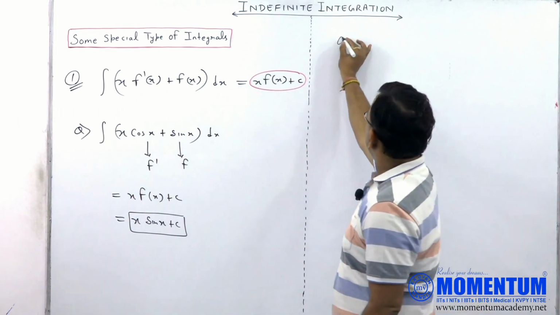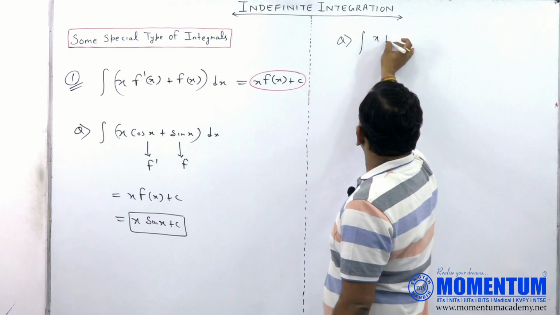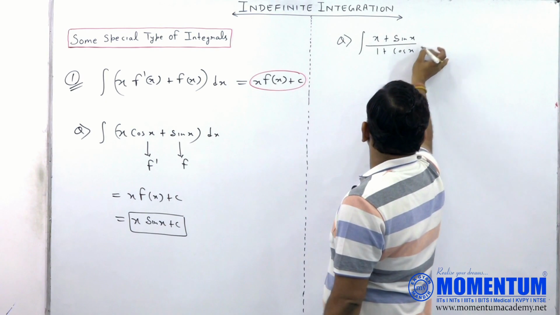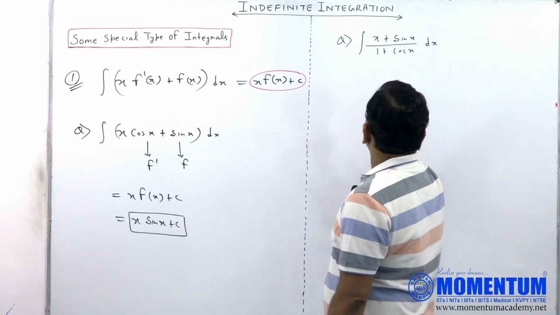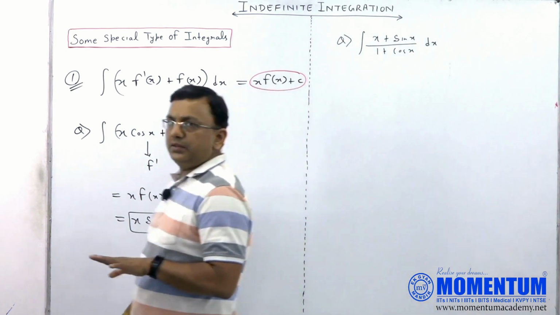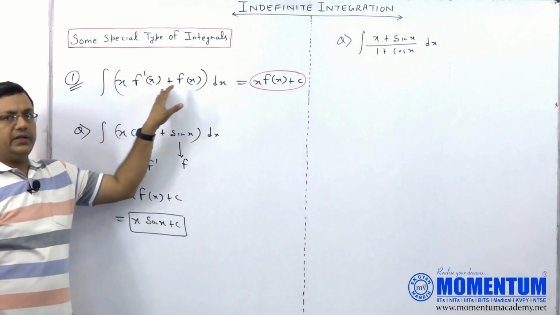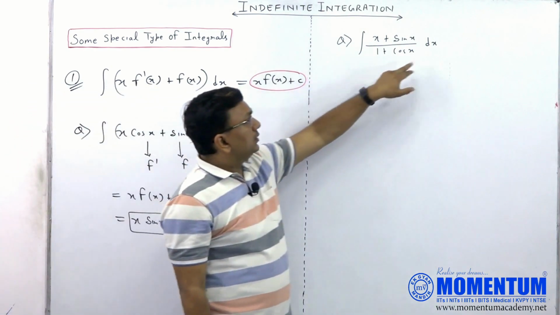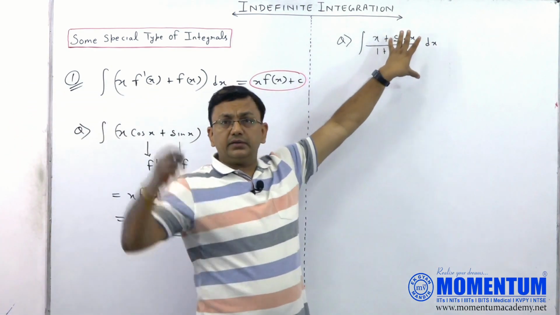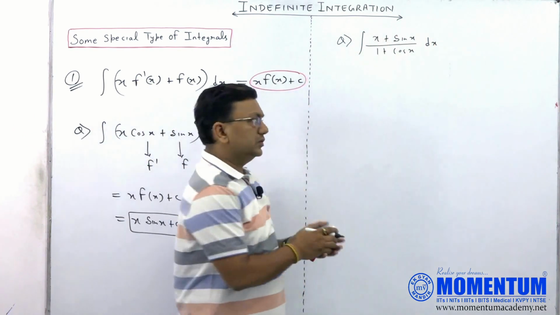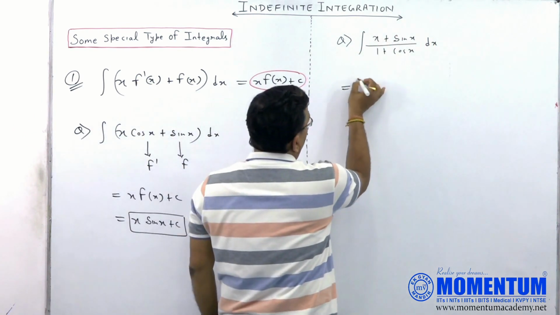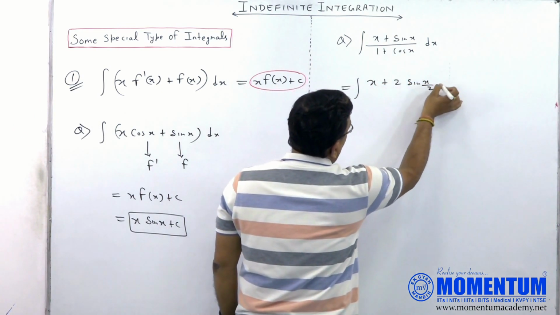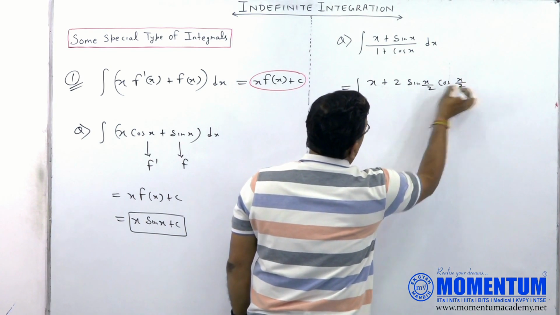Now I have integration of x plus sin x divided by 1 plus cos x. Last one was the direct problem where this form x f dash x plus f of x was directly visible, but in this problem you can see this form is not visible. So we will do some calculation. I am writing sin of x as 2 sin x by 2 cos x by 2.